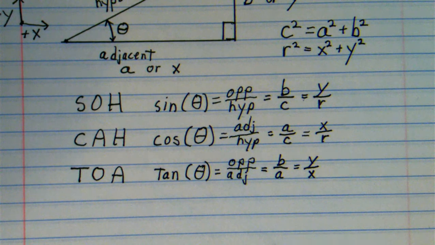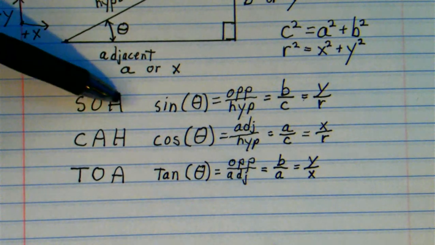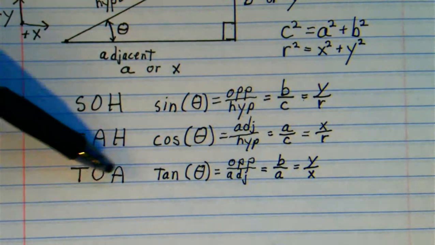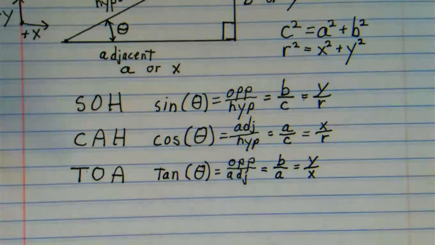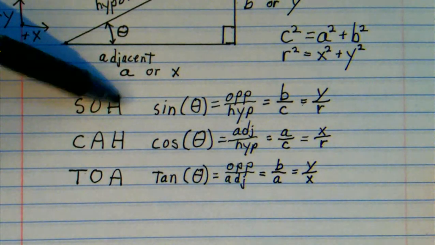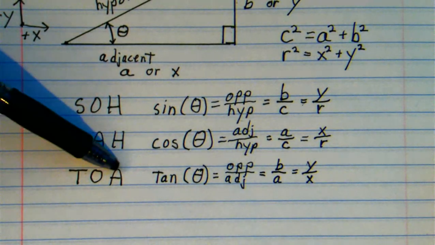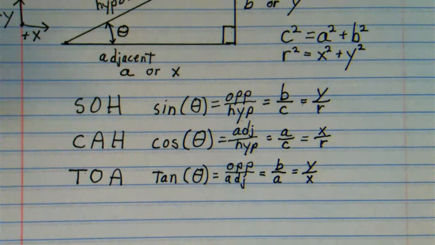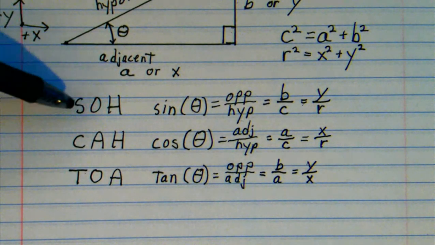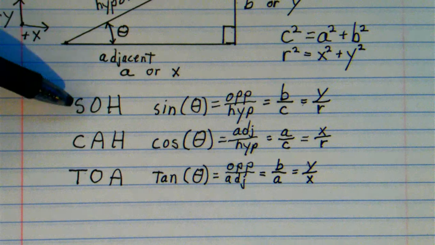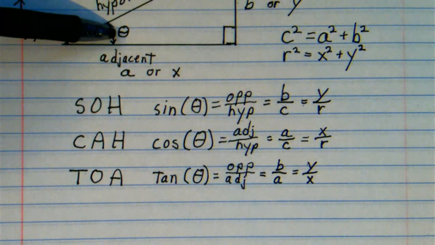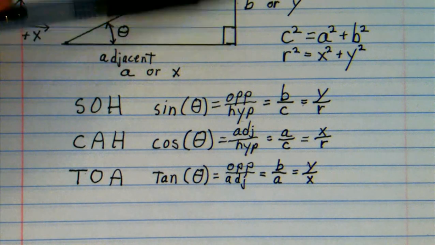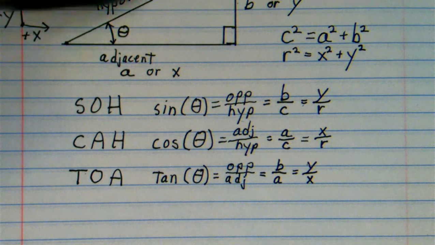My 8th grade math teacher used a mnemonic memory device that said, Oscar had a hairy old aunt. I don't know if that's of any use to you. Ugh, what a picture. But that was his way of trying to have us memorize that the sine of an angle is the ratio of the opposite leg divided by the hypotenuse.